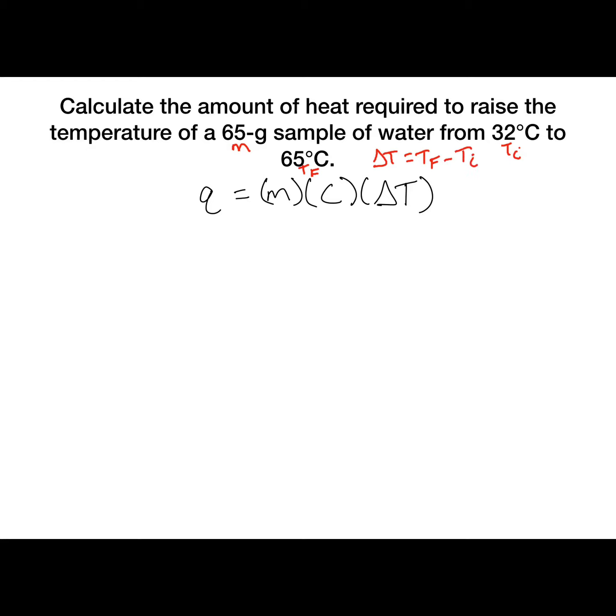So now let's fill in our variables. We're trying to find heat, which is Q. So Q is equal to our mass, 65 grams, times our specific heat capacity of water, which, if you look in the book, is 4.184 joules per gram degree Celsius, times the temperature change, which would be 65 degrees Celsius minus 32 degrees Celsius.